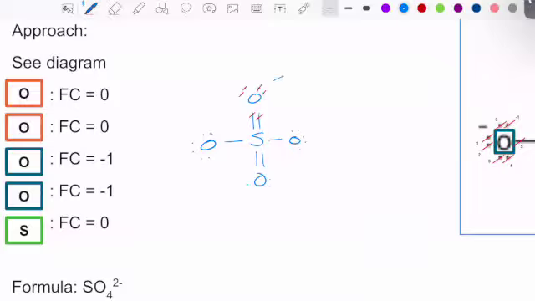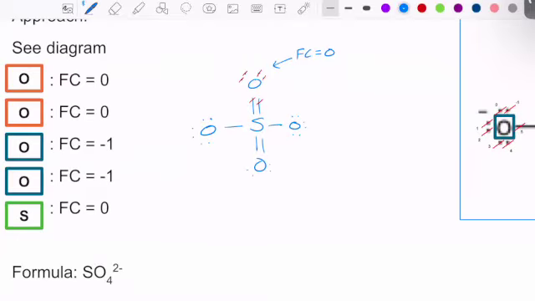That means this oxygen's formal charge is equal to 0, much like what we see here. In terms of the other oxygen, we can apply the same thing. It's 6, so we go 5, 4, 3, 2, 1, 0. Its formal charge is thus 0 as well.